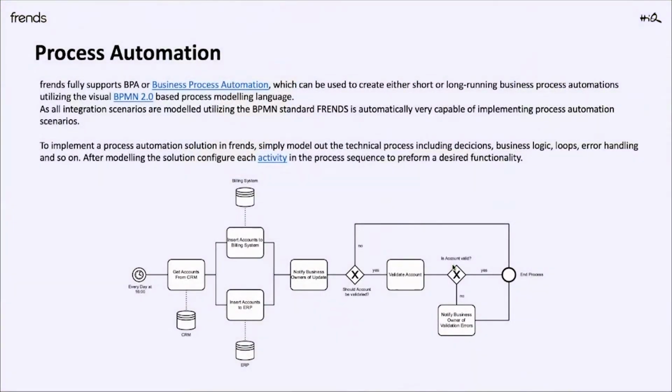So what is process automation? We discuss BPMN 2.0, which is the industry standard modeling language for defining different kinds of mechanisms, how different integration processes work. We discuss decisions, business logic components, different kinds of loops, error handling, configuration of different kinds of service tasks in general.